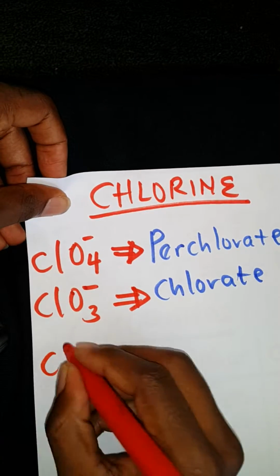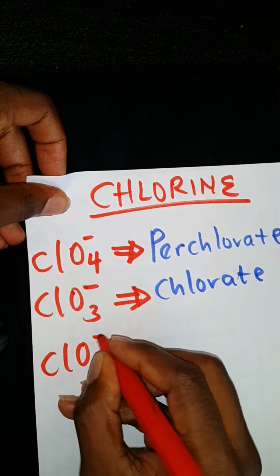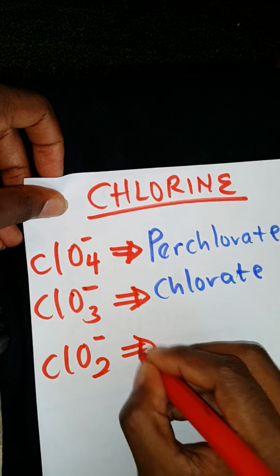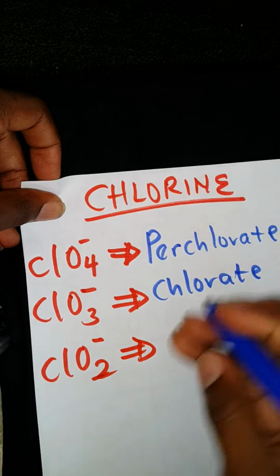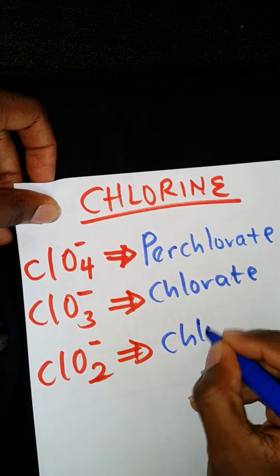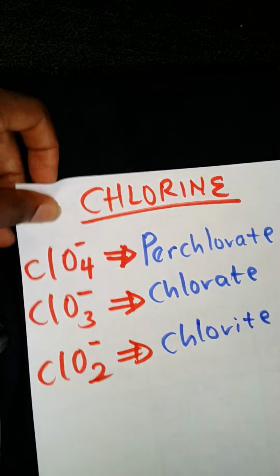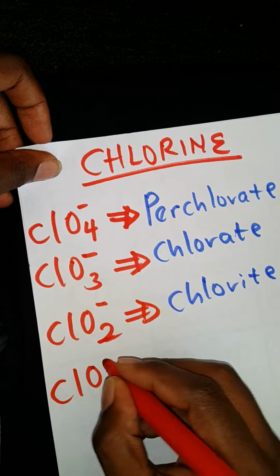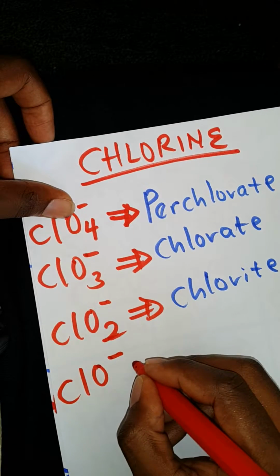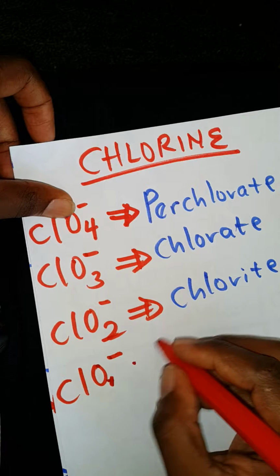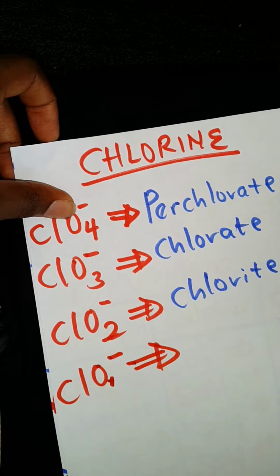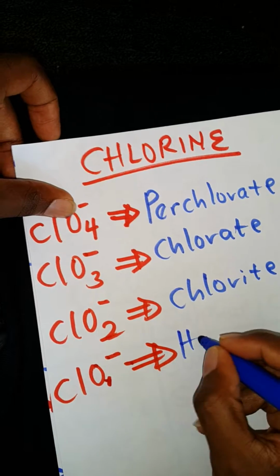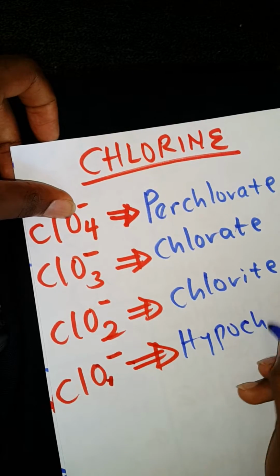We have ClO2, which is called chlorite. And lastly, we have ClO. One is here, but we don't put it. This one is called hypochlorite.